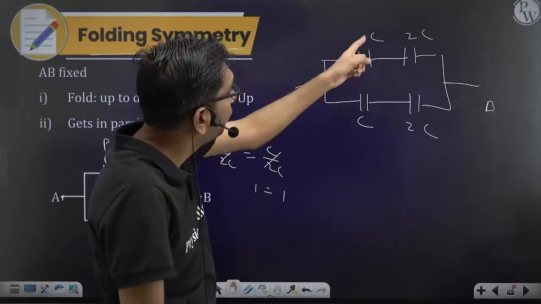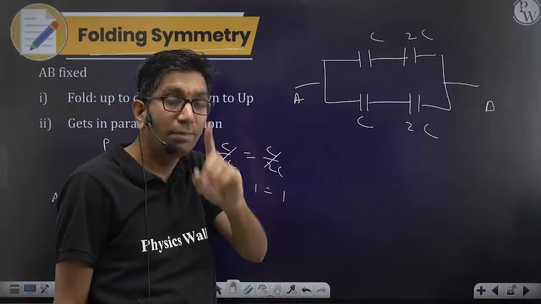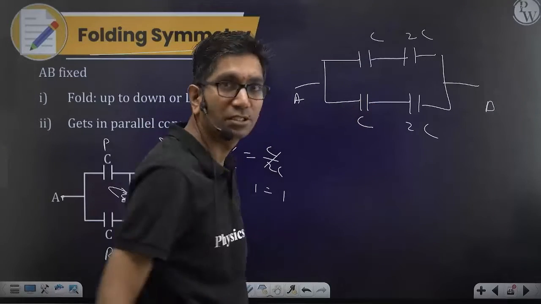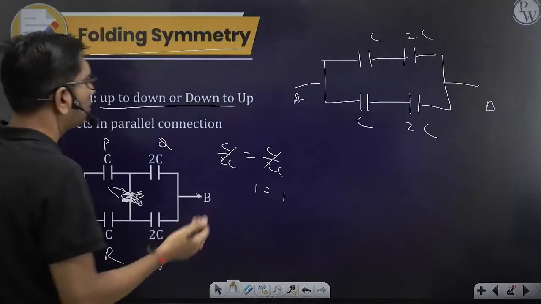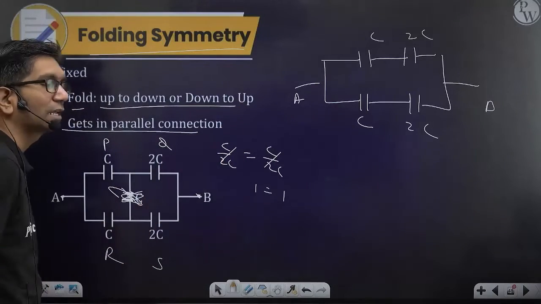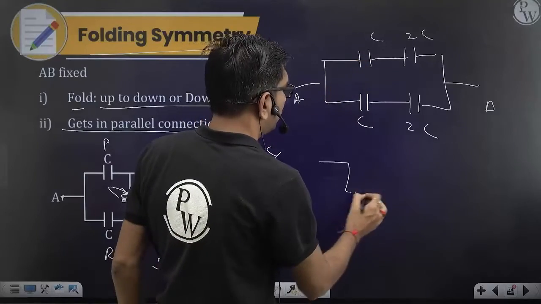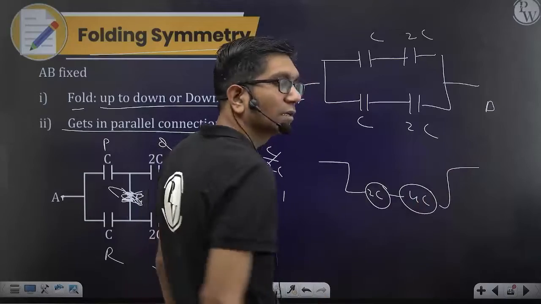Okay, when C is coming and falling on C, it becomes a parallel connection. It becomes parallel. Is it clear? Remember this one. Folding should be up to down or down to up. So when they get in parallel connection, C plus C becomes 2C, na? This becomes 4C. Correct? Am I right?